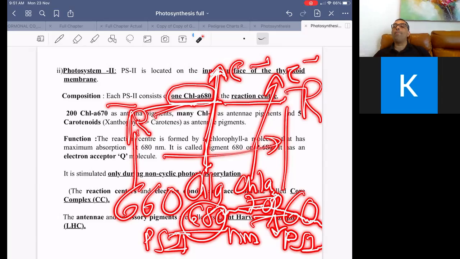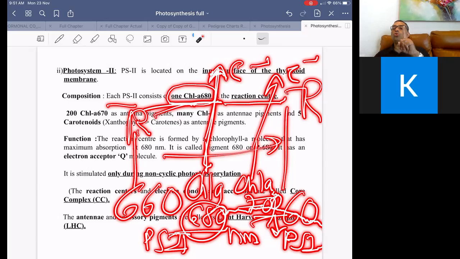So it is called PS1, also called P700. So PS2 is chlorophyll A 680 or P680. PS1, photosystem 1 is P700, also called chlorophyll A 700.